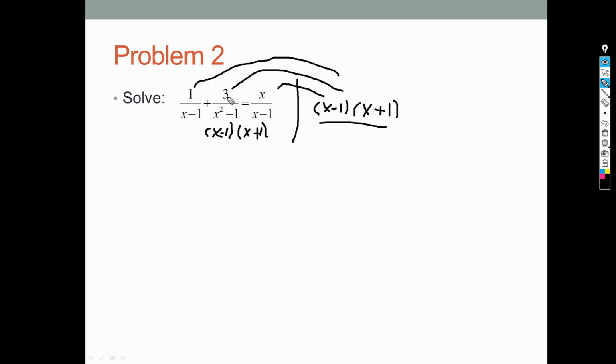The middle one, x squared minus 1 is x minus 1 times x plus 1, so that's going to cancel both of these with both of these. That's just going to leave me a 3. And this one, x minus 1 cancels, leaving me with x times x plus 1.